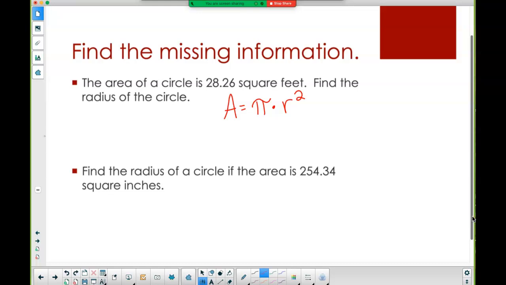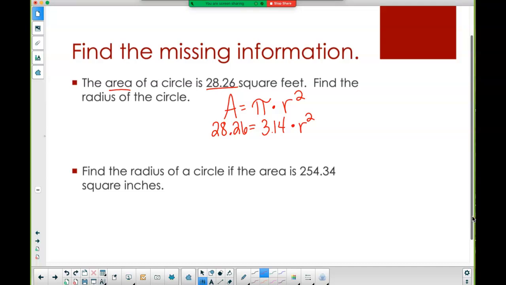The area is 28.26, so I can replace that. 28.26 equals pi, which is 3.14, times r squared.